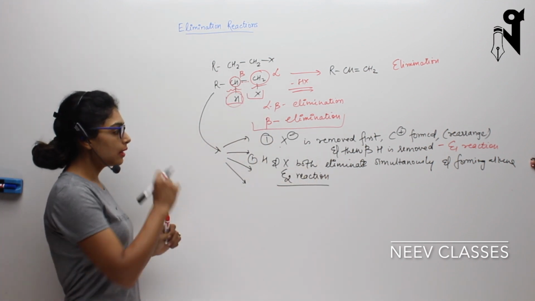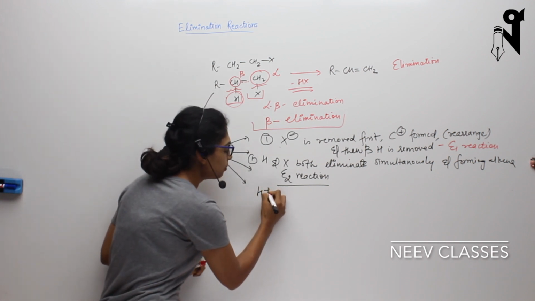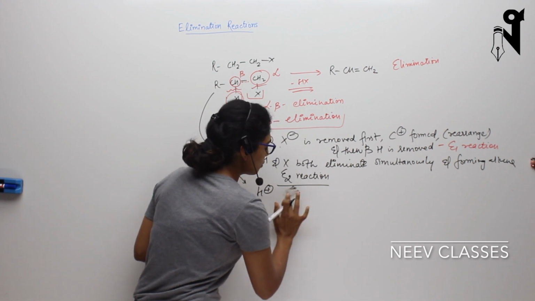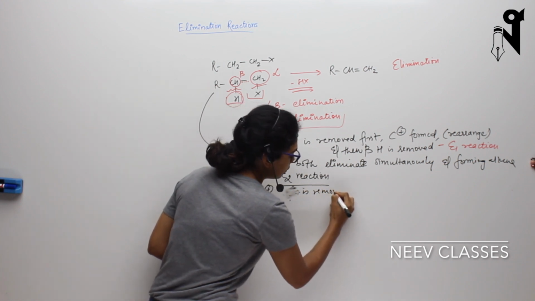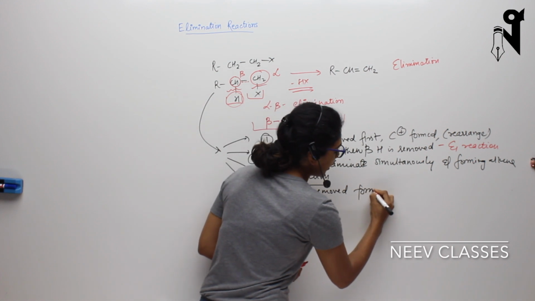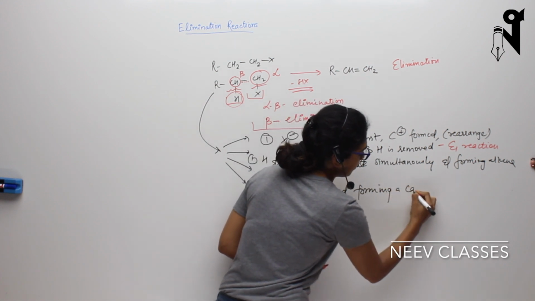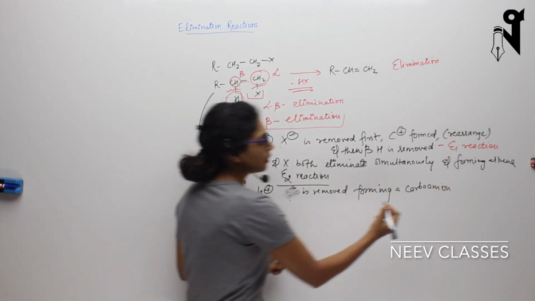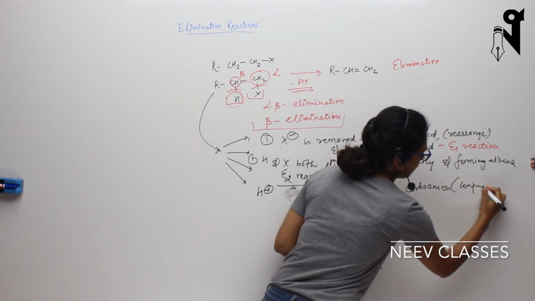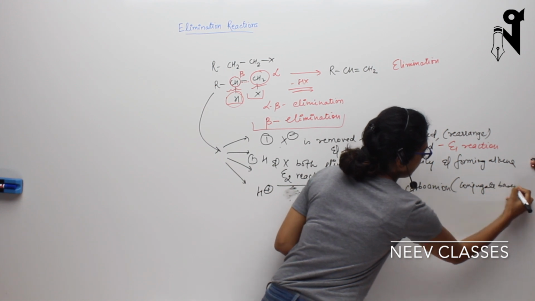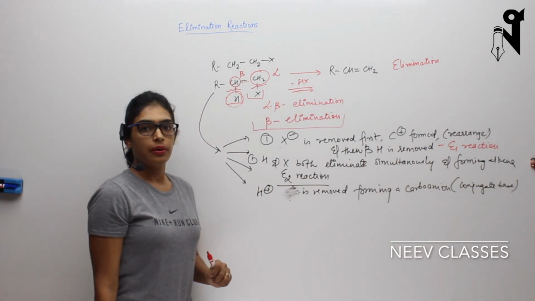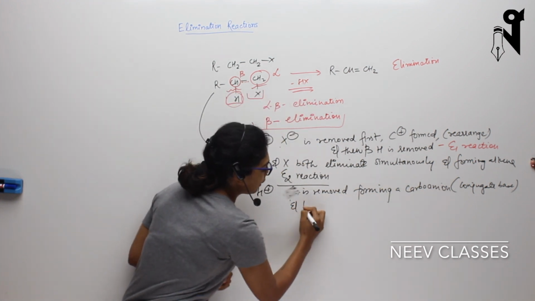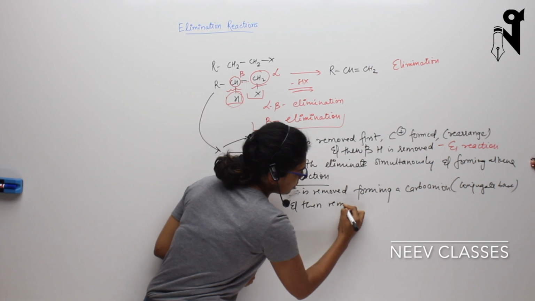Now what is the third case? The third case is when hydrogen is removed first, forming a carbanion. This carbanion actually acts as a conjugate base. The hydrogen is removed, forming a carbanion, and then removal of X takes place.